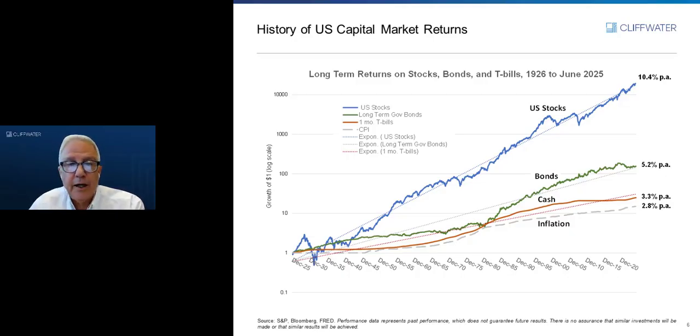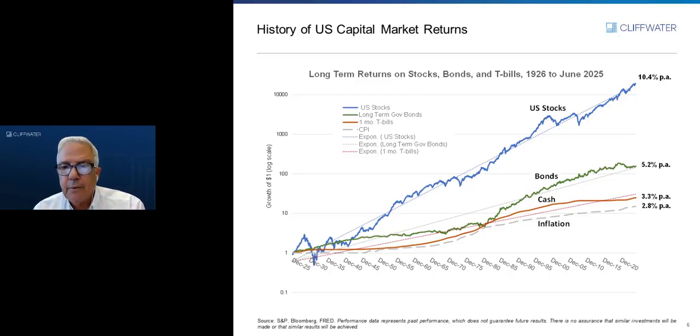But the bond market, basically, in recent decades, we've used the aggregate bond index. In earlier periods, we just used long-term government bonds. But the return on bonds has been half that of stocks, 5.2% over this entire period. It really breaks down into a period of rising interest rates, low returns, and declining interest rates, high returns. We seem pretty much today at the long-term growth rate.